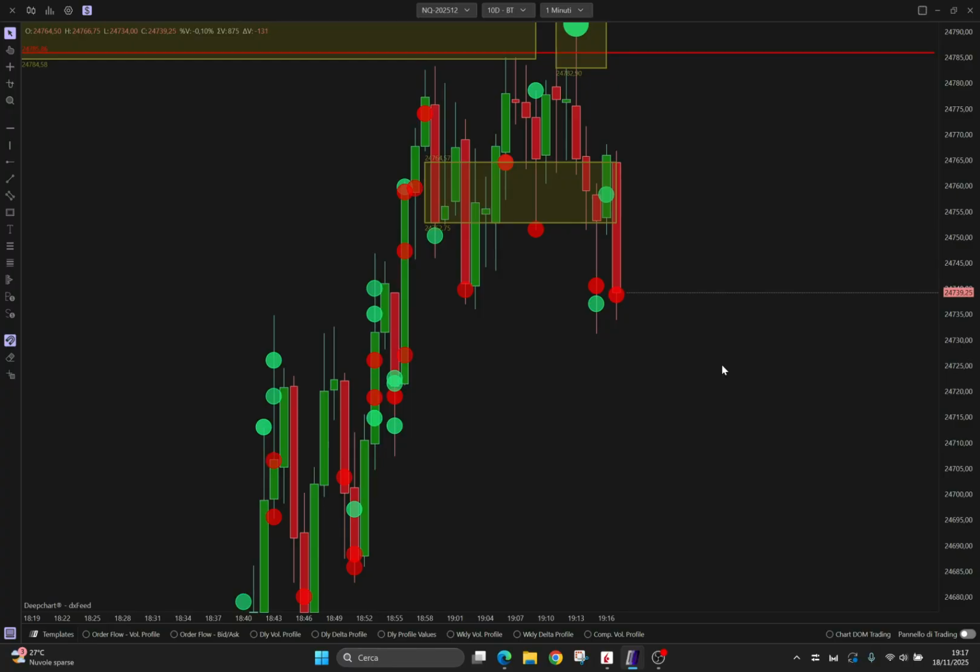So now the sellers want to find a new balance and they are willing to crush these aggressive buyers. This is what they want to do. And as you can see, you can also see the interaction of the passive orders because the buyers are protecting. You see these aggressive sellers here. Did they have a result? No.